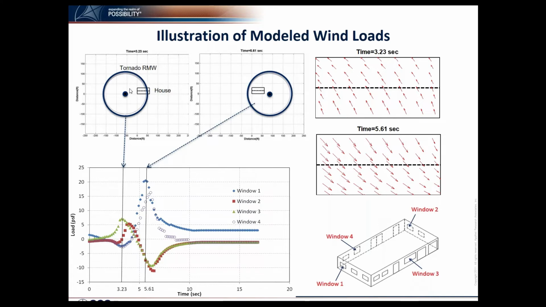One is when the tornado center is approaching the house, another is when the tornado center has just passed the house. And you can see we plotted the tornado loads on 4 different windows, and window 1 and window 4 have the largest wind load when the tornado just passed the building, and this is due to the magnitude of the wind vector and the direction of the wind vector.